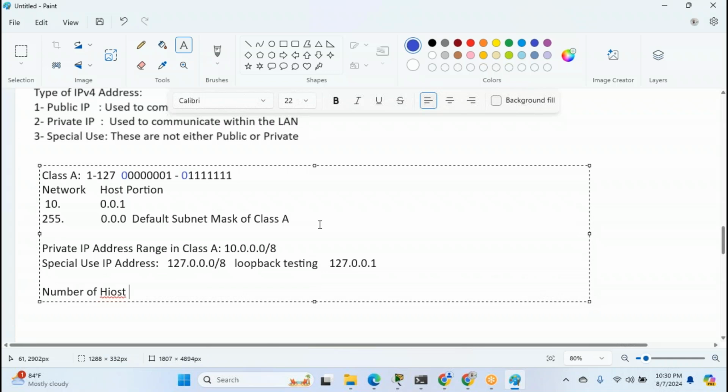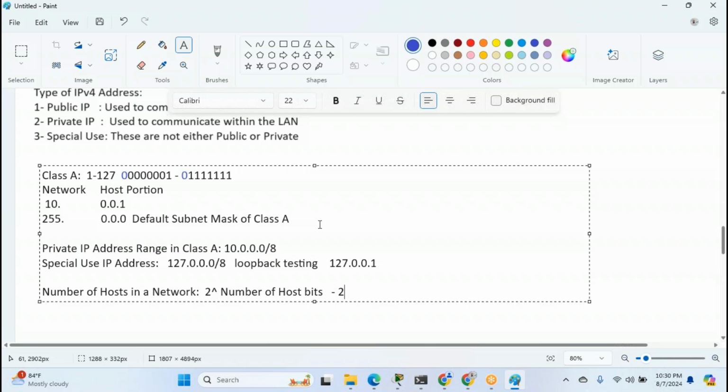The number of hosts in a network you can calculate using the formula 2 raised to the power of the number of host bits, and whatever the result is, subtract 2. One is the network ID and one is the broadcast ID. Those cannot be assigned to any device, so that's why we subtract those two.